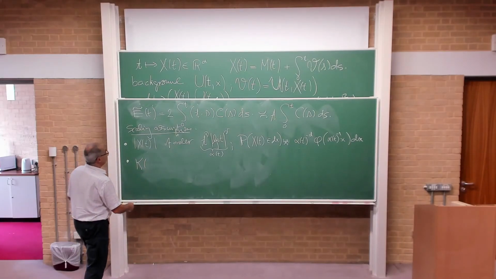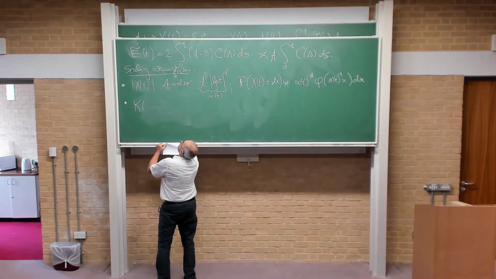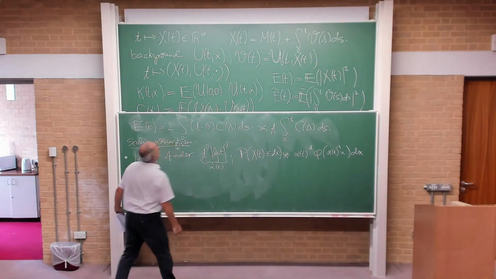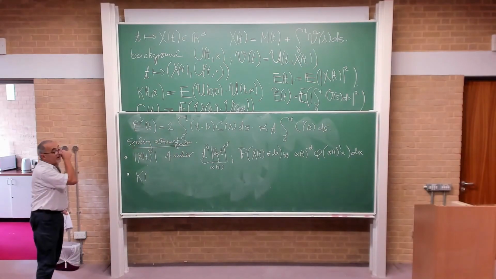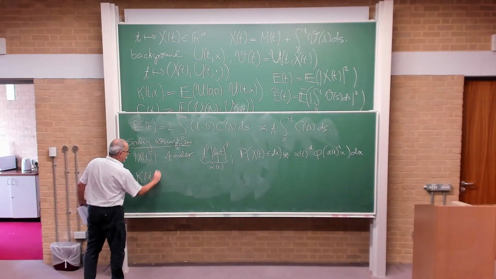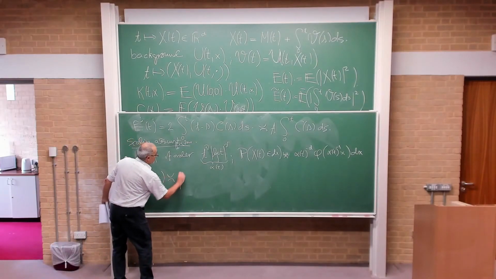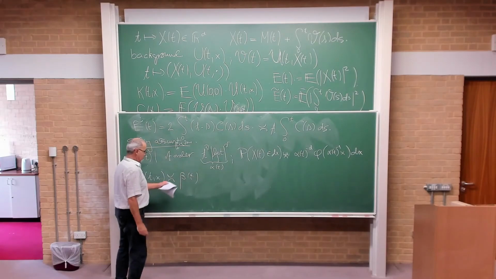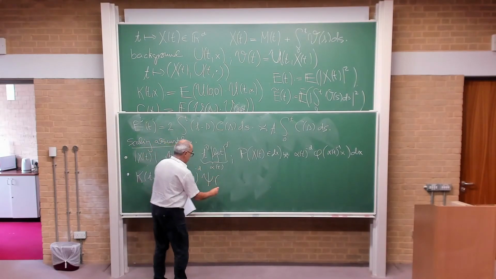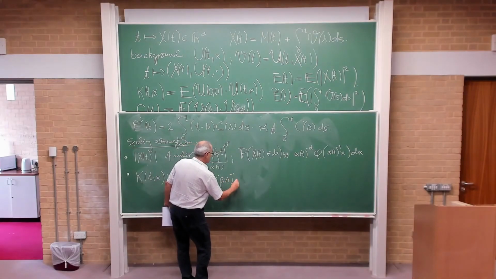Did I define k, the correlation? Yeah, there is k. It's the covariance of the velocity field. So I assume that ktx also scales. Assume that ktx scales like some beta t to the minus d times some other function psi of beta t to the minus 1 times x.